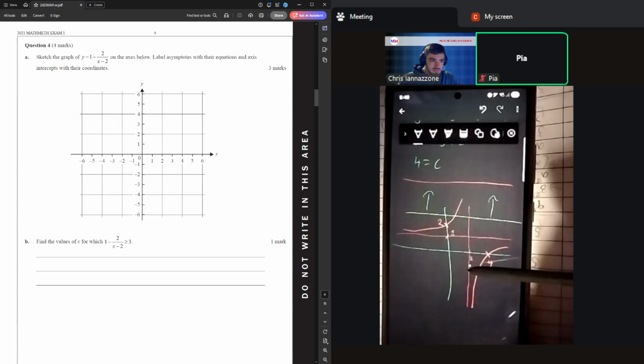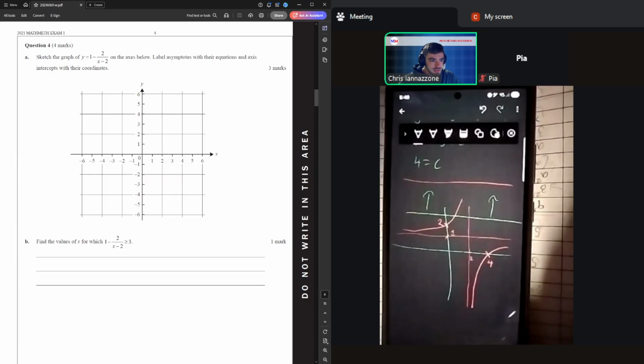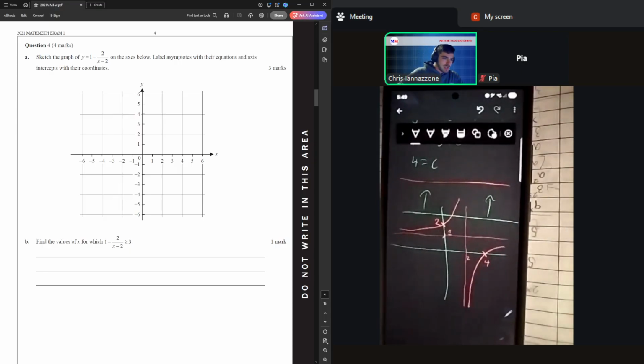I think part of the reason is that when you're doing the hyperbola inequality, to get the x on its own, you multiply both sides by x take 2. And the algebra doesn't fully show the final proper answer because x minus 2 has the possibility of being a negative number.